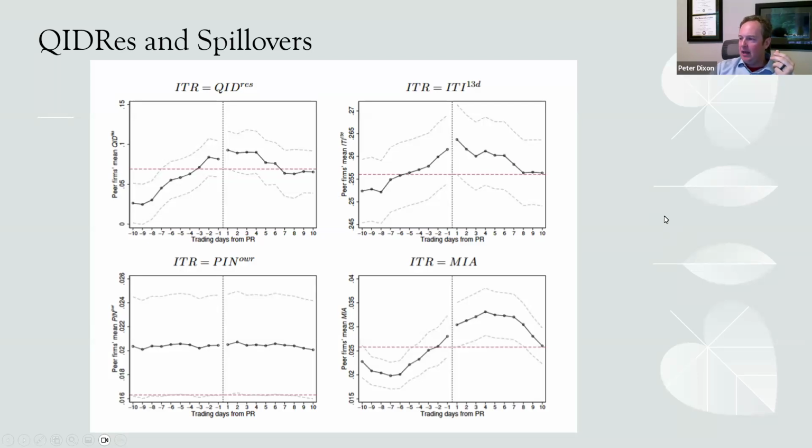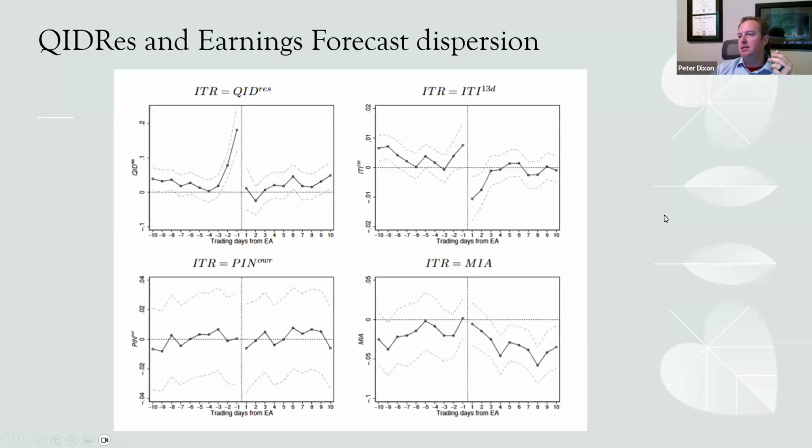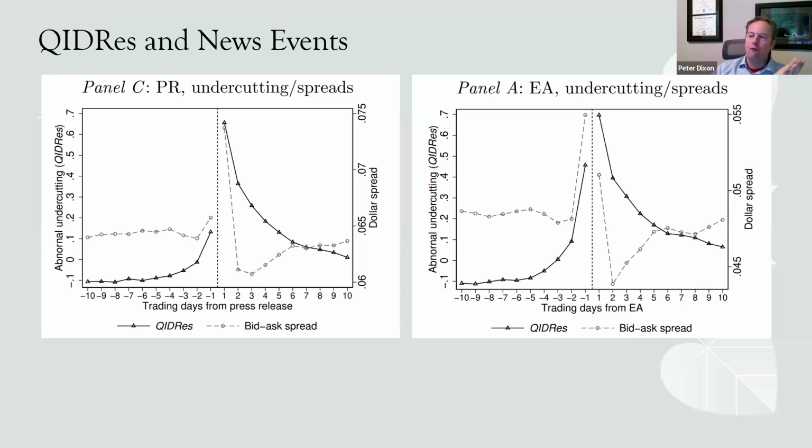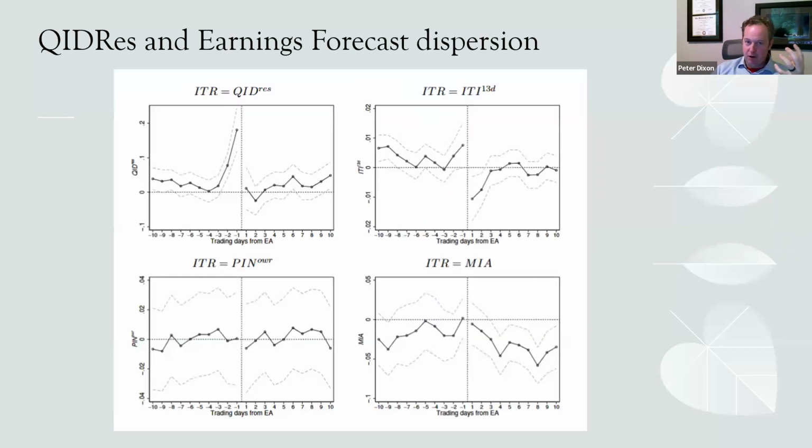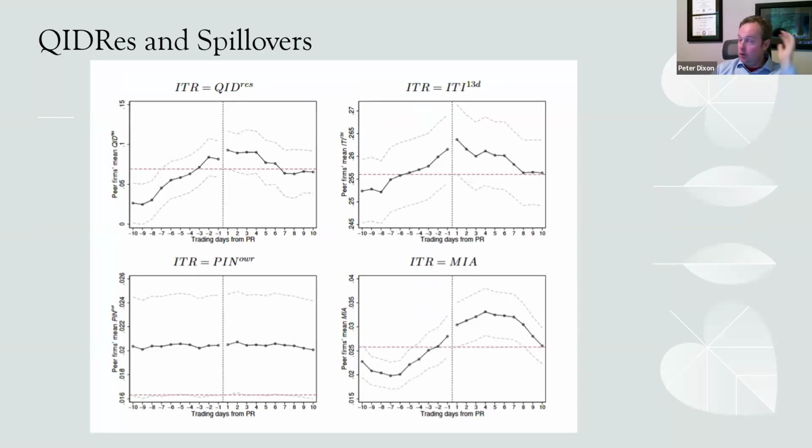So the way we interpret this is that Quid does a better job. It passes all four of these tests, meaning it shows increased informed trading around press releases and earnings announcements, and the dispersion effect. It's the only one that captures the dispersion effect, and it and MIA are the only ones that seem to capture the spillovers.